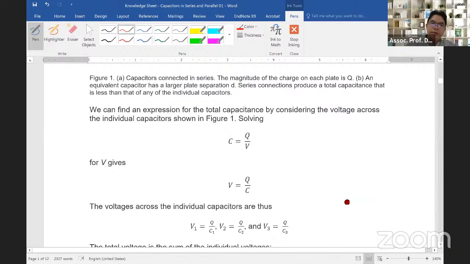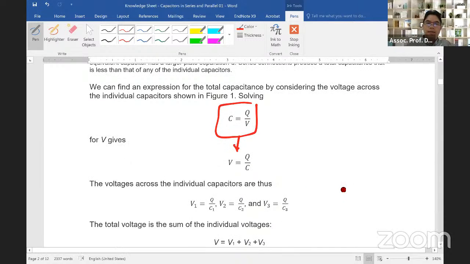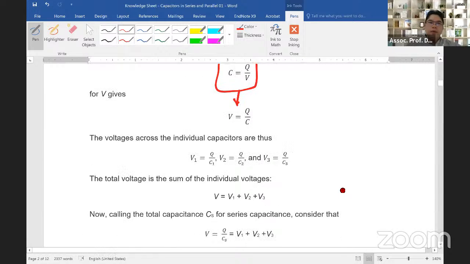Here we start from V equals Q divided by C, right? So the voltage across individual capacitors: V1 equals Q divided by C1, V2 equals Q divided by C2, and more. And the total voltage here.